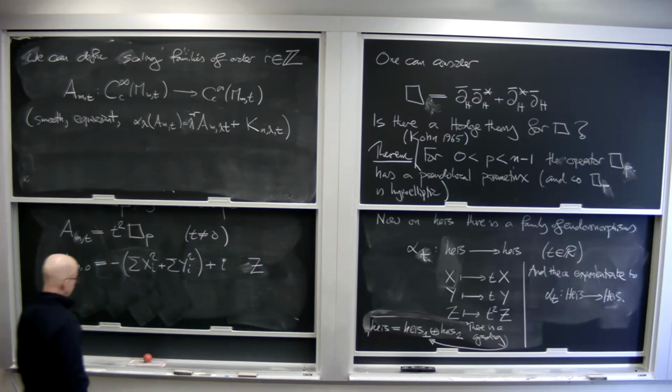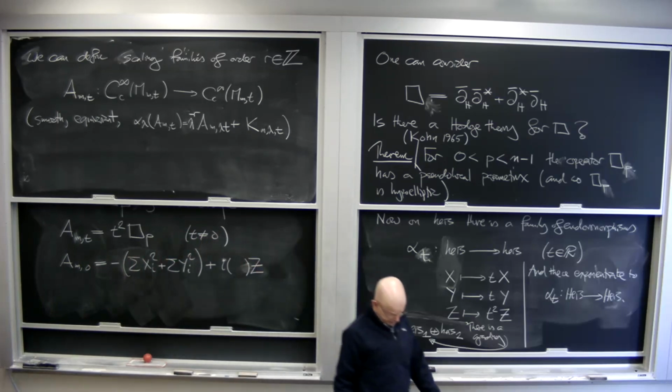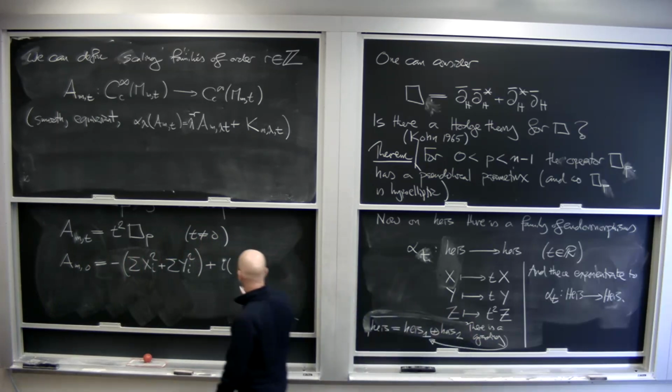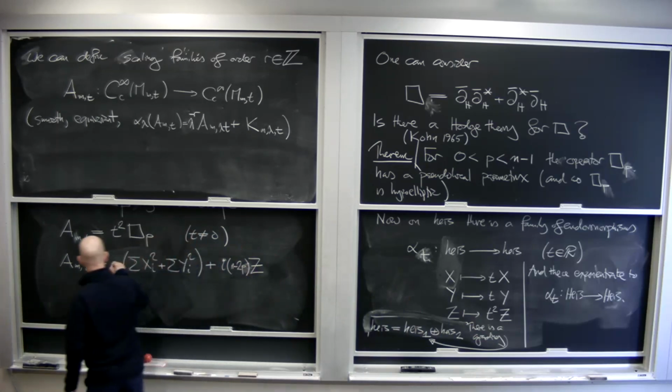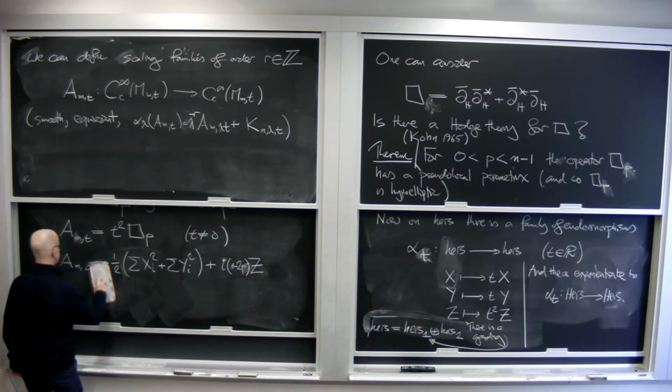And then there's a number which goes right here, and if I remember correctly, this is something like n minus 2p. Yeah, that's exactly what it is. Oh, there's one other small detail for actually writing down the correct formula: there's a 1/2 here.